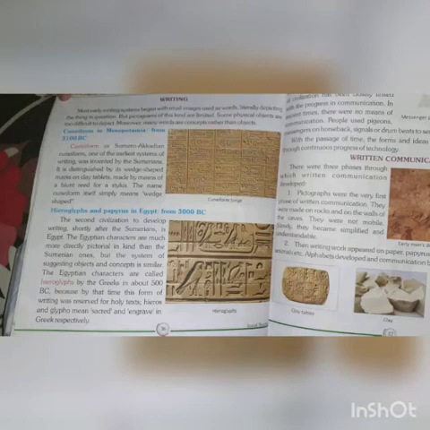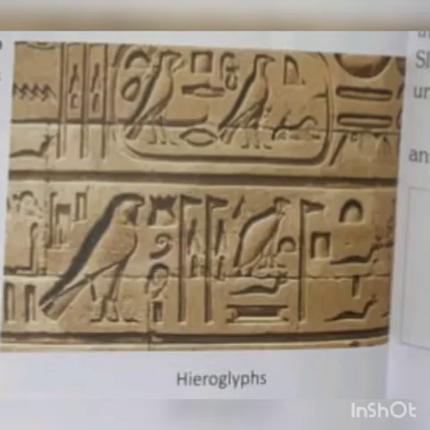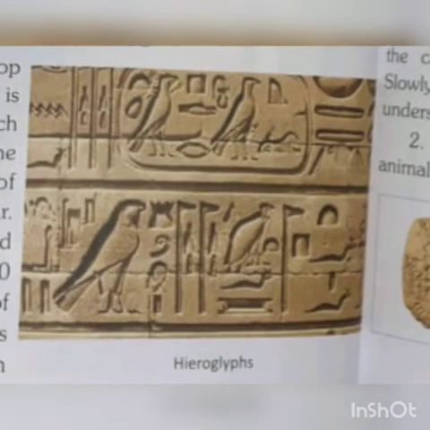Now, what is hieroglyphs and papyrus? Papyrus, as you can say, is something similar to a thick paper that was used as a writing surface on which the writings were done. So what did the Egyptians used to do? They used to draw pictures, and these pictures suggest some objects or similar concepts.